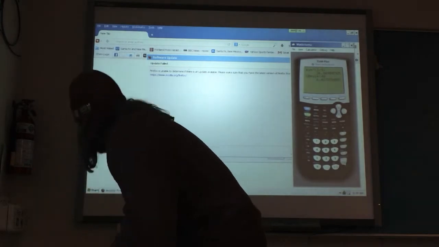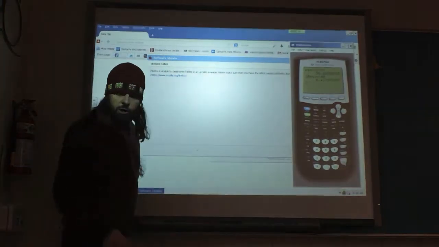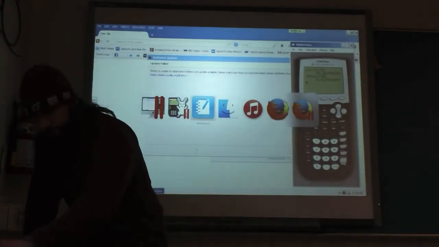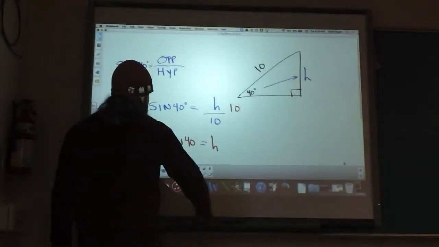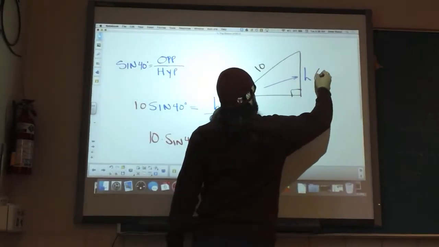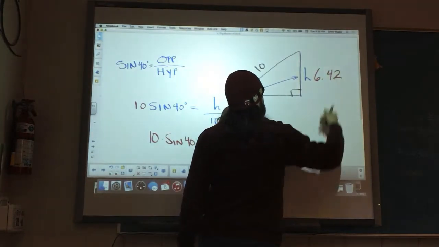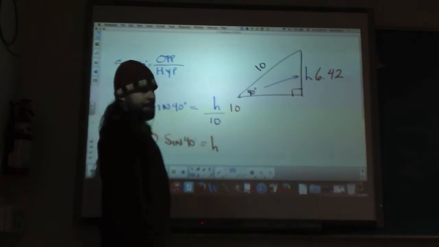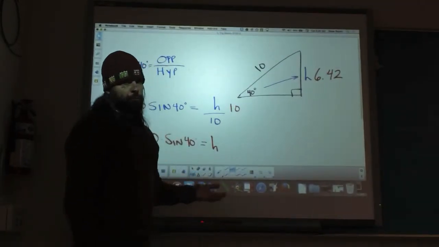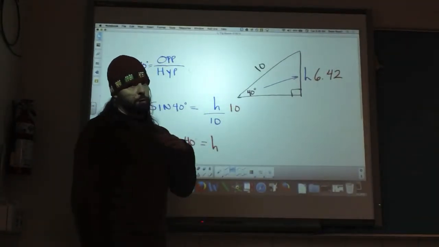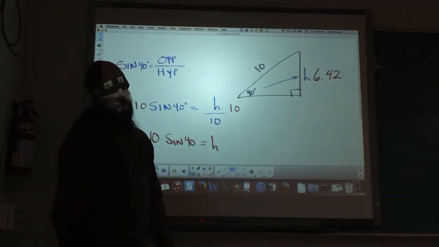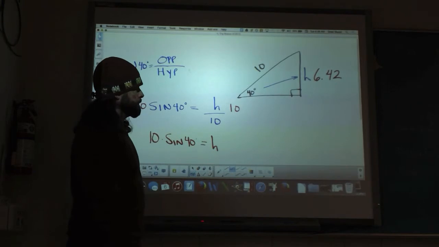Bam. 6.42. So if I go back here, I know that this should be 6.42 inches or whatever. If you got that answer and let's say you got 16.42, you would know you were wrong because the hypotenuse is always the longest side on a right triangle. So you can test your answers to see if they're reasonable.